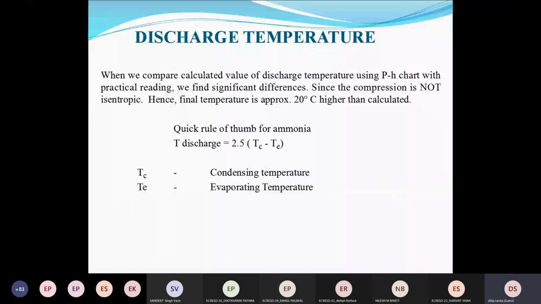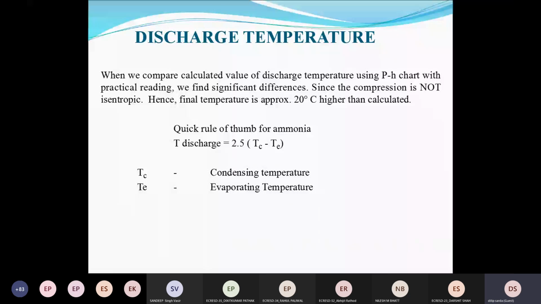When we compare the calculated value of discharge temperature using the pH chart with the practical reading, we find a significant difference since the compressor is not isentropic. The final temperature is approximately 20 degrees centigrade higher than the calculated one. Again, in the books, many thumb rules are given. That is Stoker.